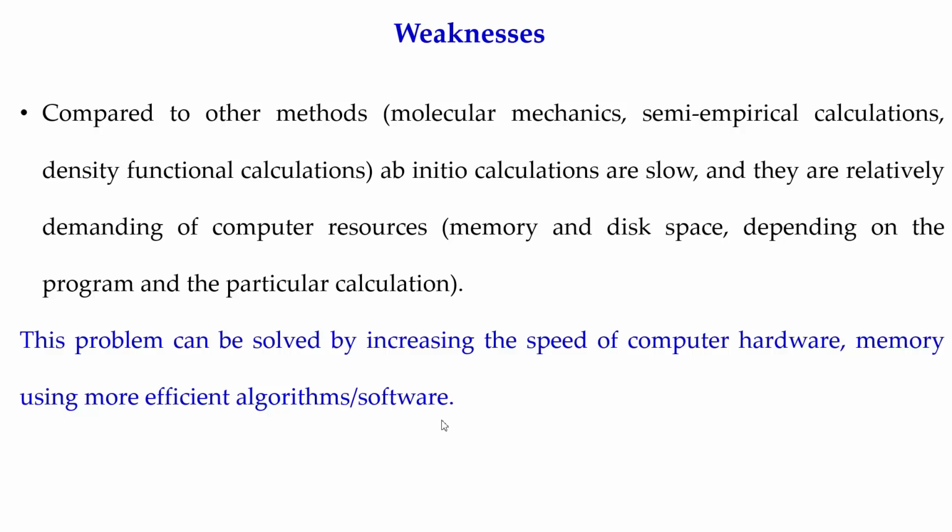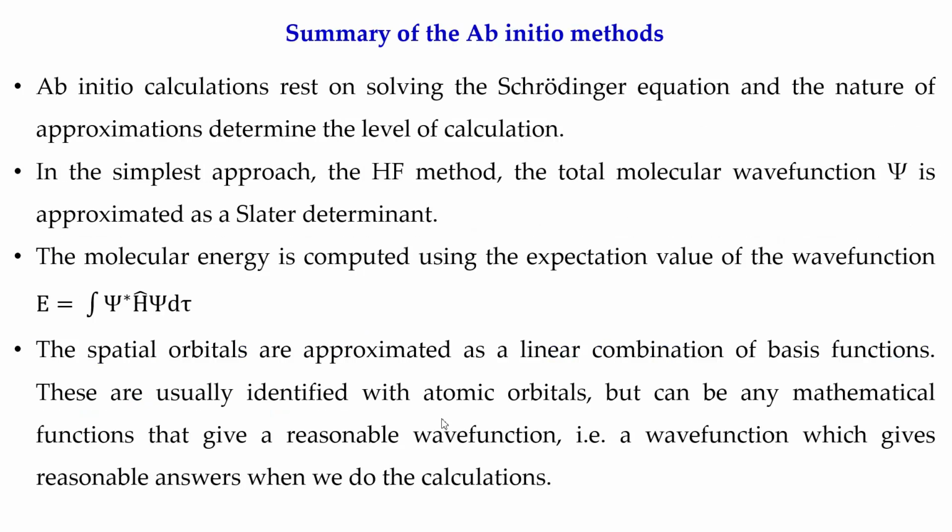So now let's make a summary of the ab initio methods. Ab initio calculations are based on solving the Schrodinger equation, basically the approximate Schrodinger equation. The simplest approach is the Hartree-Fock method, where the total wave function psi is expressed as a single Slater determinant, and the molecular energy is computed using the expectation value, that is the integral of psi star H psi d tau, if psi is a normalized function.